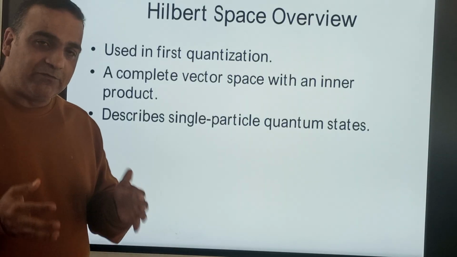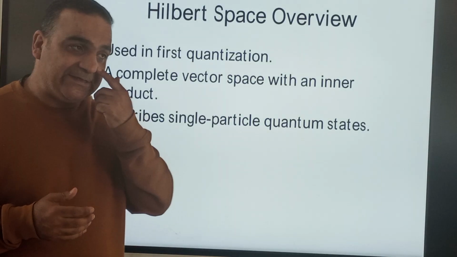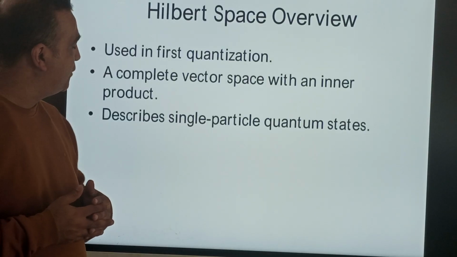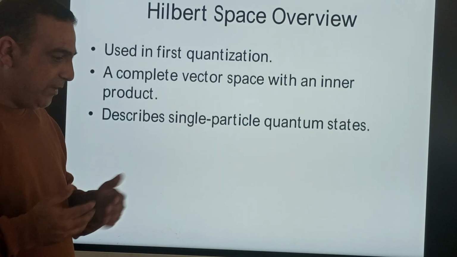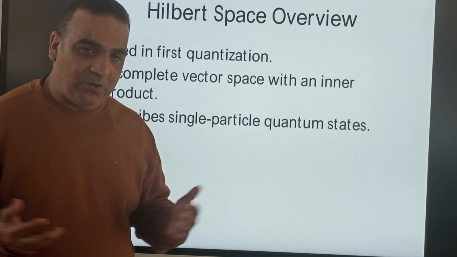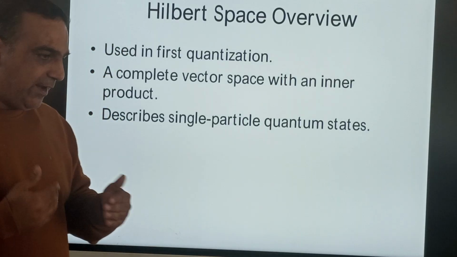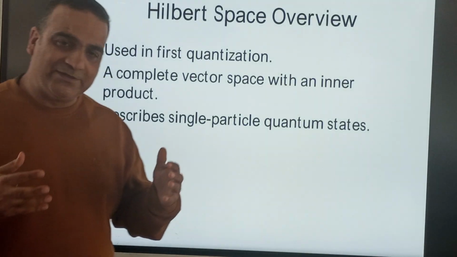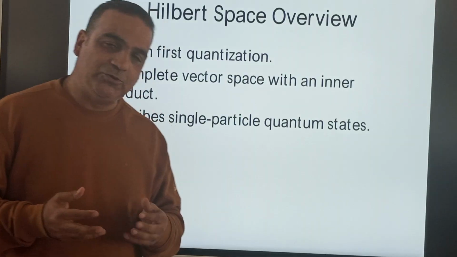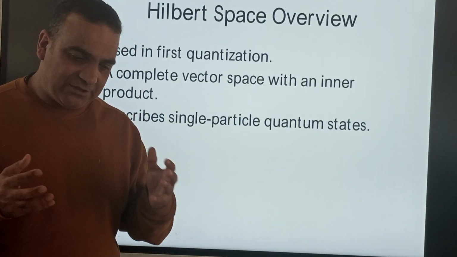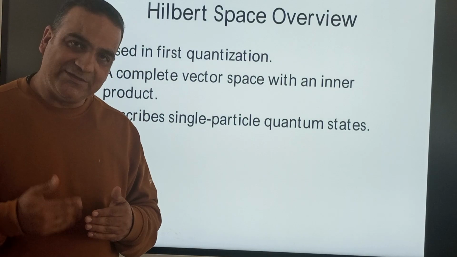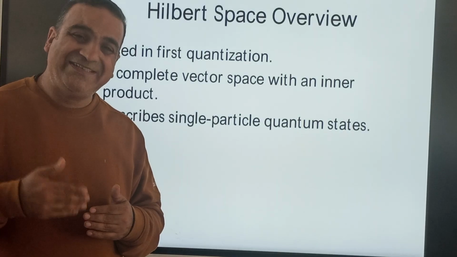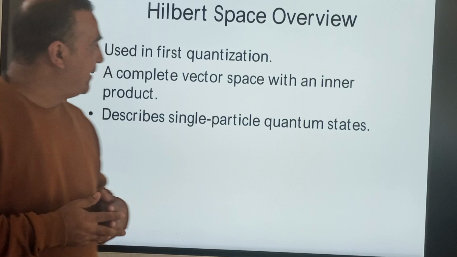The most popular framework for the Hilbert space is first quantization. We have already talked about first quantization, where we treat our system with respect to a wave function. This Hilbert space has a range of state vectors in it.